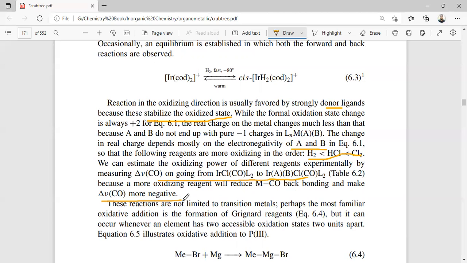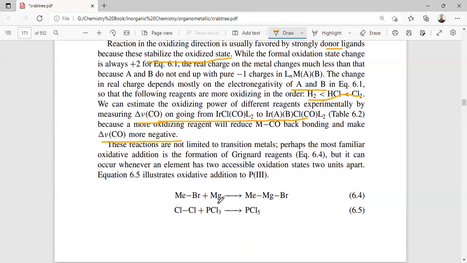It depends on the oxidation power of the molecule. We can estimate the oxidation power of different reagents by the simple ν(CO), the carbonyl stretching frequency, of the adduct.